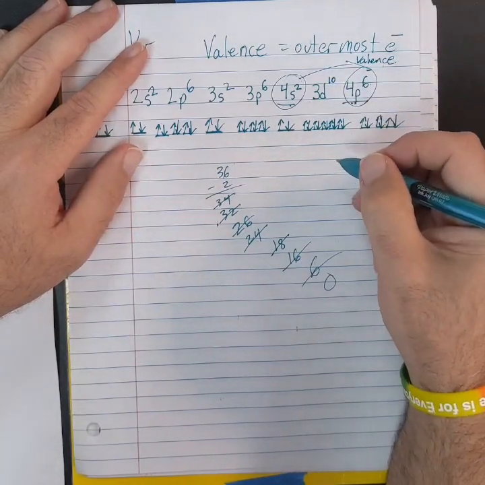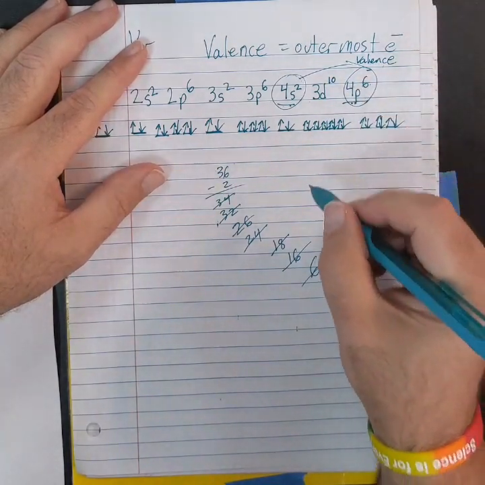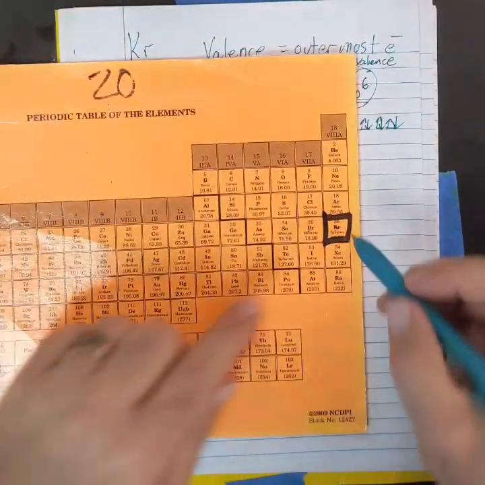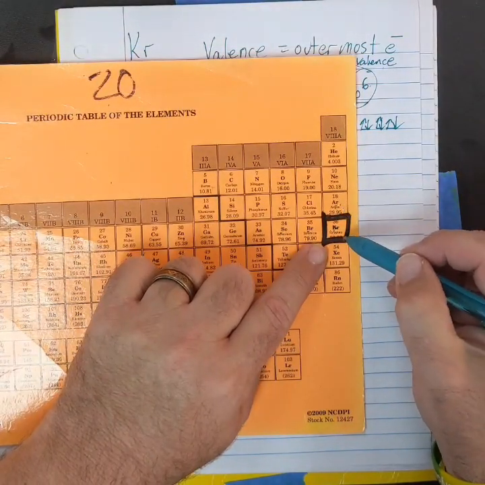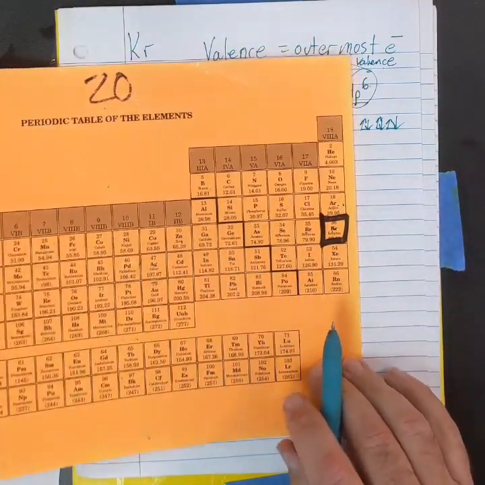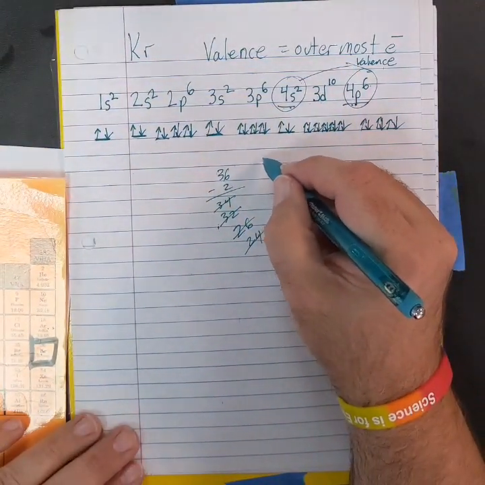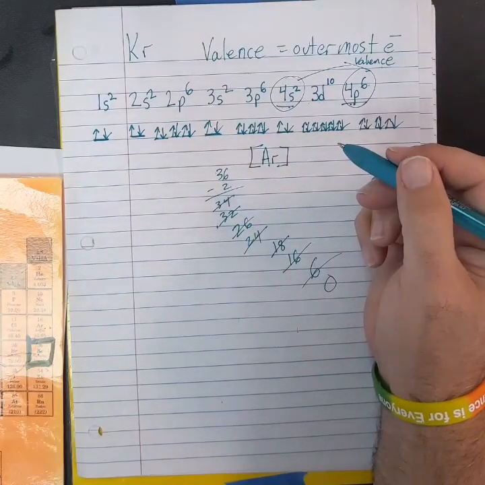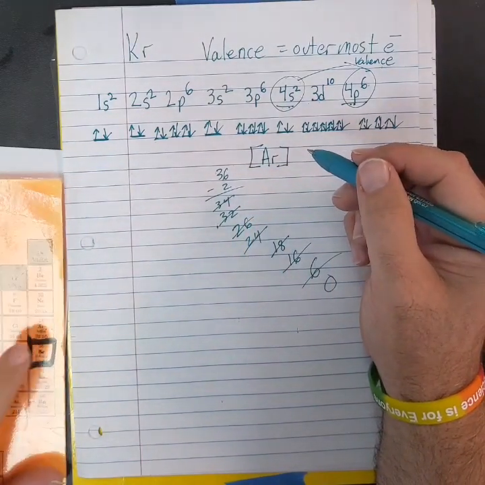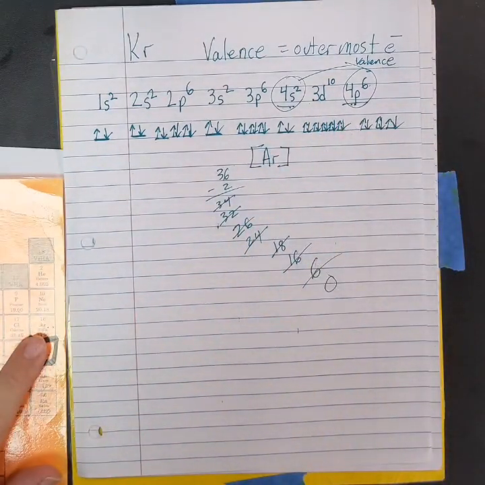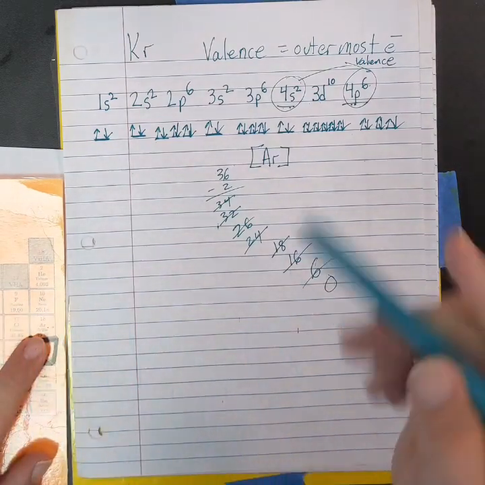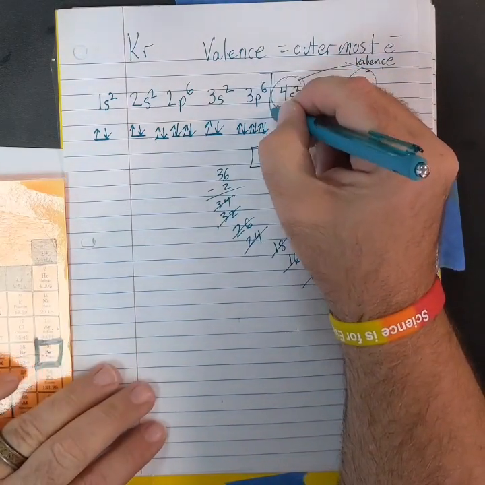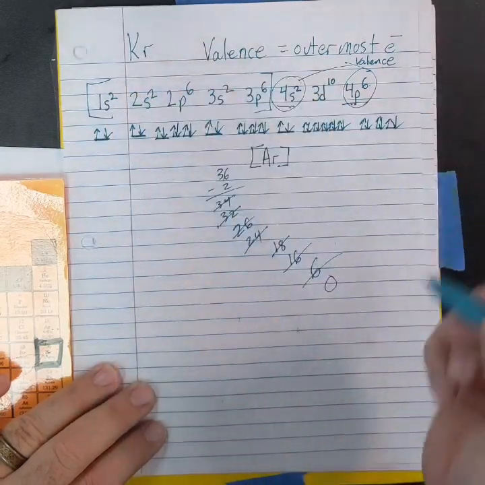If you were tasked with making the noble gas core, then looking at the periodic table, the noble gas before krypton would be argon. So we would write argon, we'd put the symbol in brackets. Now this argon ends with 3p6. So this is argon.